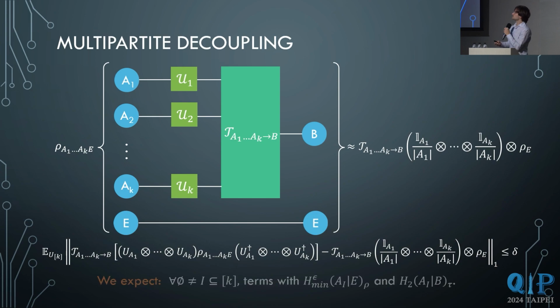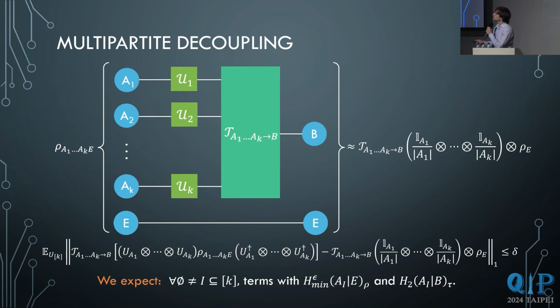Now, what we would expect when we sort out this object, this trace distance here, is that we find terms again that account for the decoupling power of this map here, but also terms that account for the correlations on the input state.